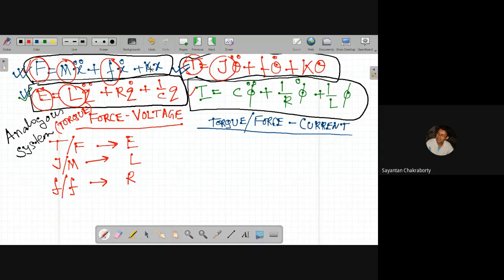Right? What about spring stiffness, K? Be it torsional spring or normal spring, K will be replaced by the inverse of the capacitor, or C will be equal to 1 by K. So these are the elements. What are the variables? The angular displacement or displacement will be represented by charge.